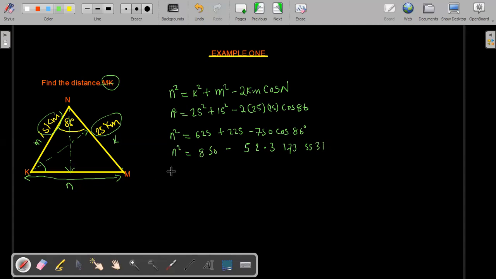So now we can subtract that. We can say 850 minus 52 point that. What are you guys getting? Confirm with me. I need you guys to confirm with me.